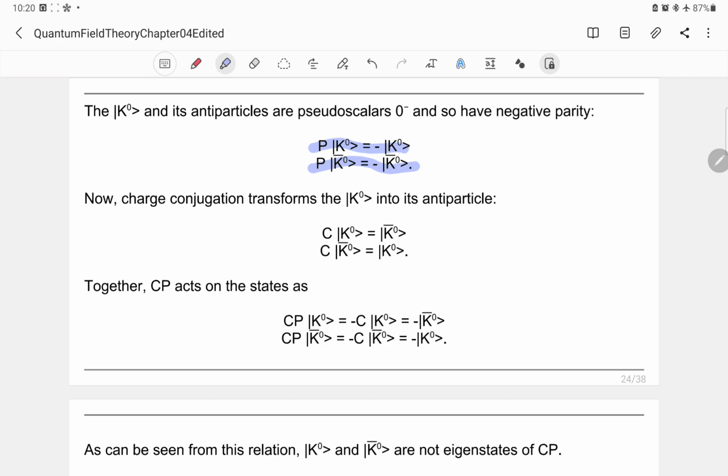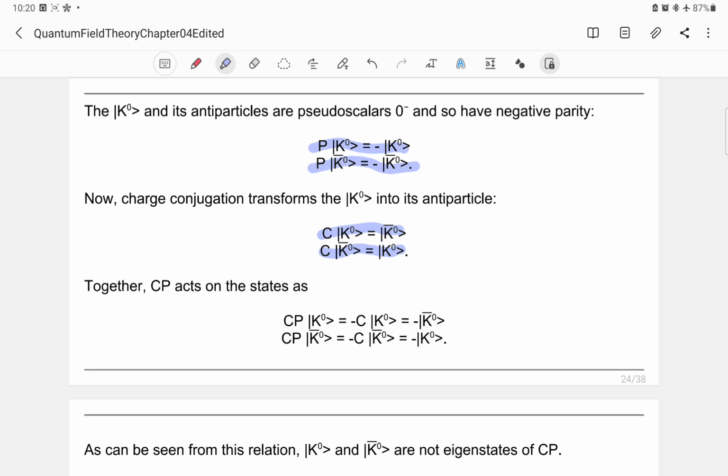Now let's look at the charge conjugation of the neutral K meson state. If you do this, it will convert into an anti-K meson neutral.